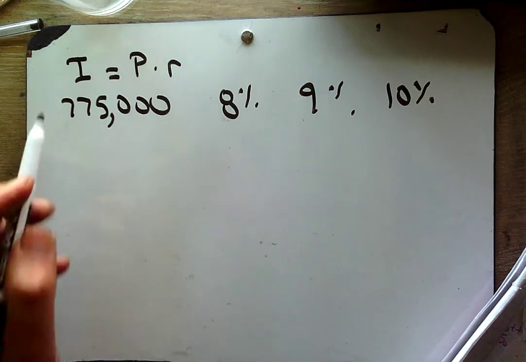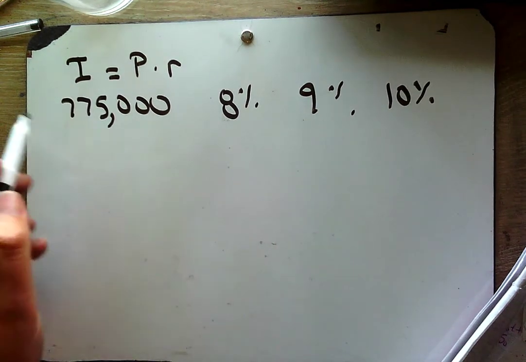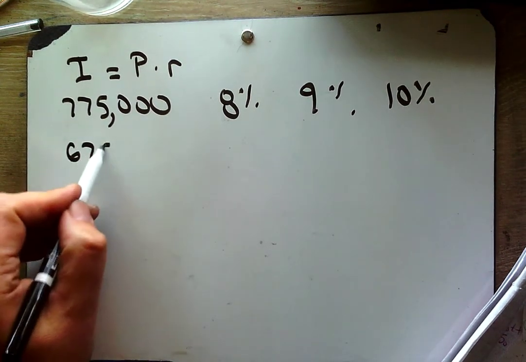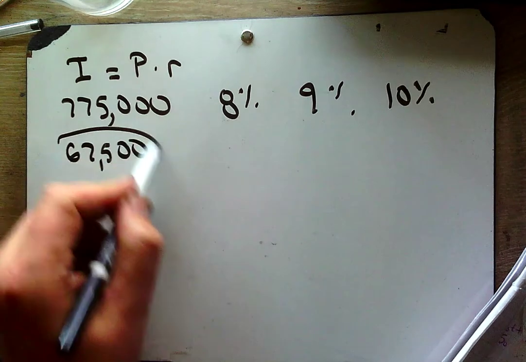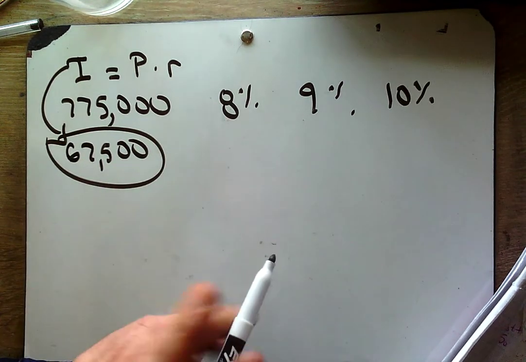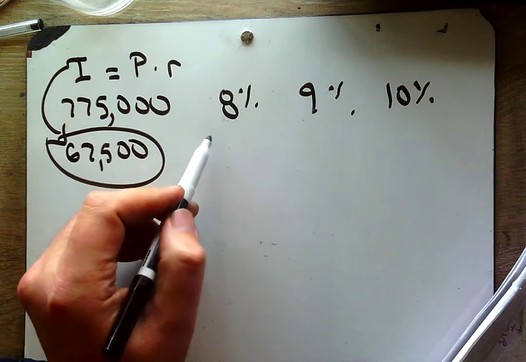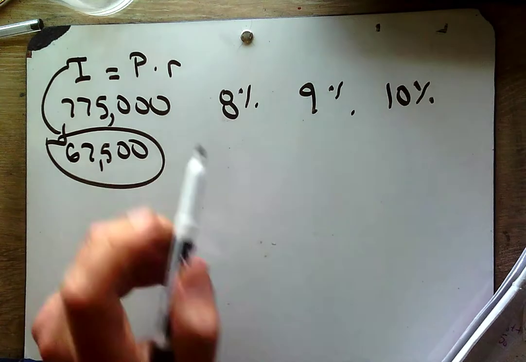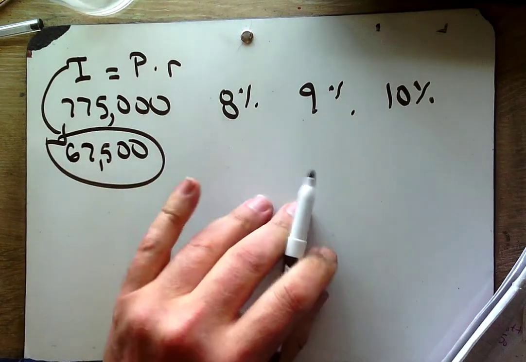Okay, we know that the annual interest owed on borrowing all this money was 67,500. That's our interest. And finally, we're told the amount borrowed at 8% was 4 times the amount borrowed at 10%.